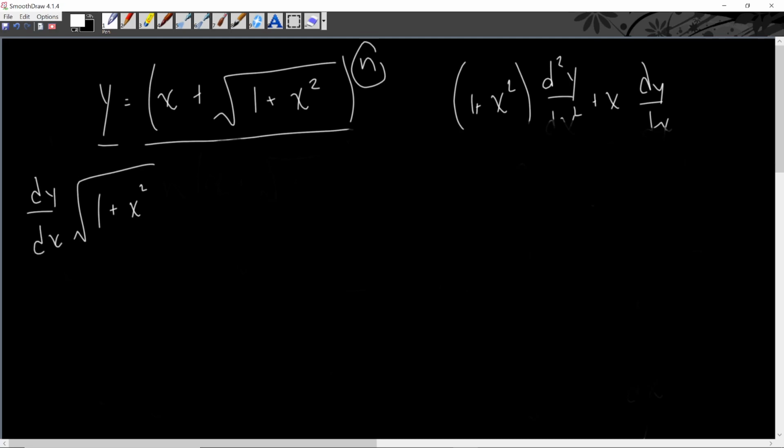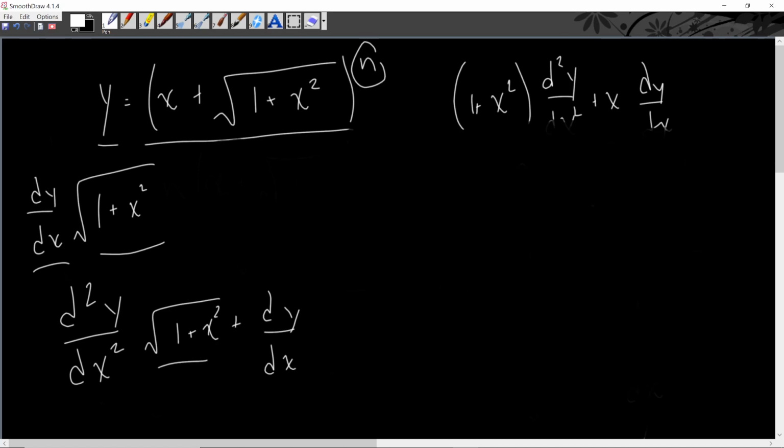We are going to differentiate that again, so this is going to be d squared y over dx squared times the square root of 1 plus x squared. This is kind of like product rule: derivative of the first times the second, plus the first times derivative of the second. So this is going to be plus dy/dx times the derivative of this.